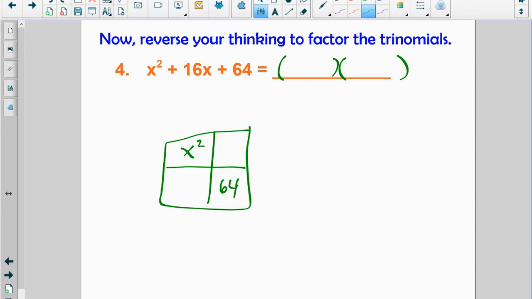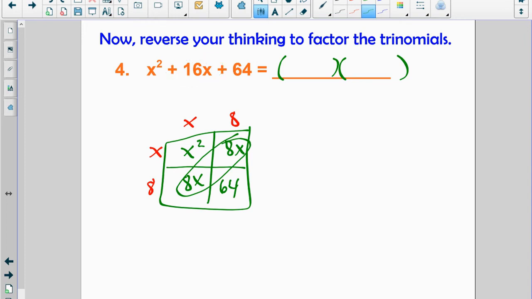And maybe you even notice that x squared is a perfect square. It's x times x. 64 is also a perfect square. It's 8 times 8. And look what happens when we check the rest of our area here. In each of these other two empty boxes, I'd be taking 8 times x. So I get 8x in one box. I get another 8x in the other box for a combined total of 16x.